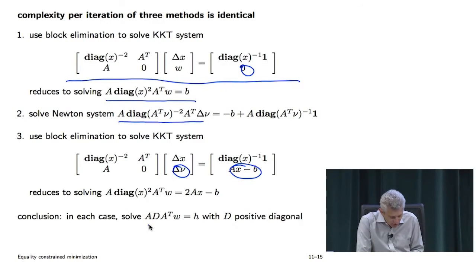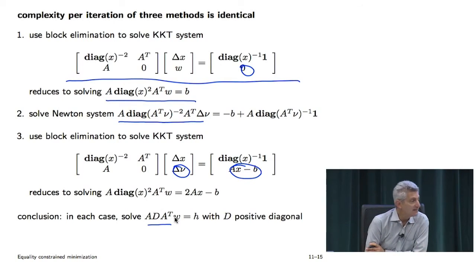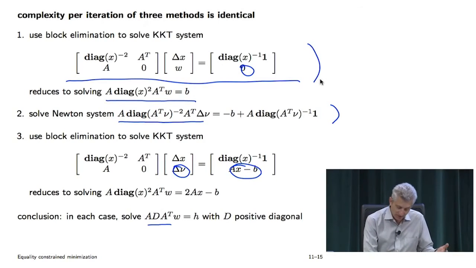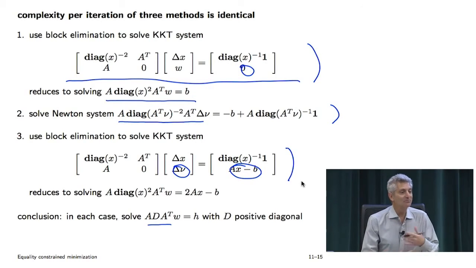So in each case, you end up solving A D A transpose w equals h. What that says is the cost of the 3 methods is identical, despite this one appearing to have 100 variables, whereas this one has 500 variables, and this one down here has 600, because you would say, well, I'm updating the primal and the dual, right?